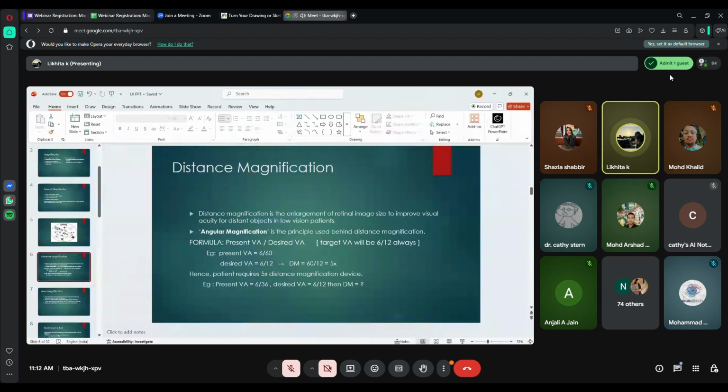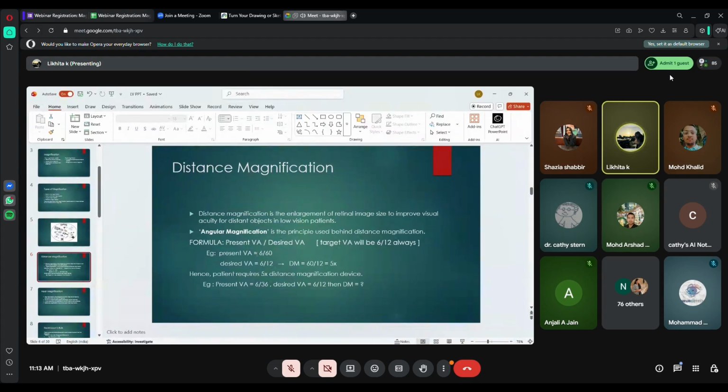It is highly impossible for low vision patients to gain 6/9 or 6/6 vision, even with the help of any low vision aids. And 6 by 12 is a basic, specific, measurable reduction in vision that impacts daily life activities. So this is considered the standard target visual acuity in distance magnification.